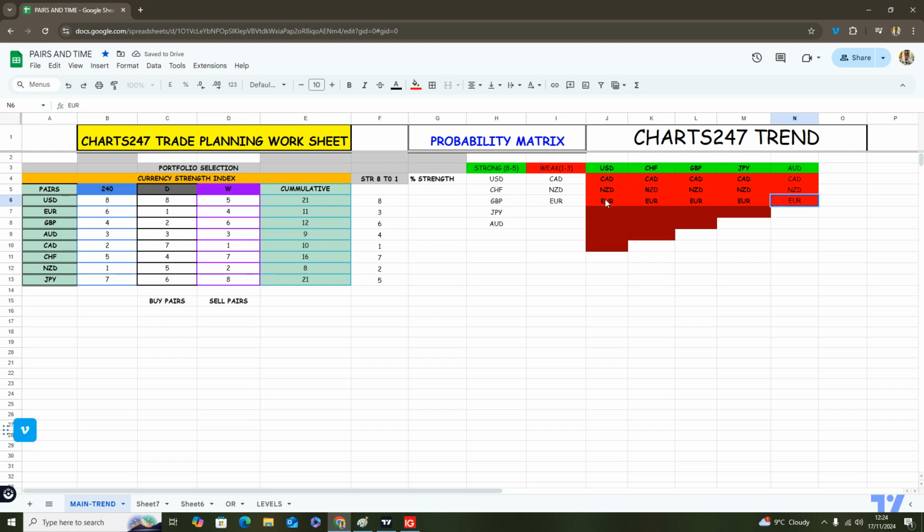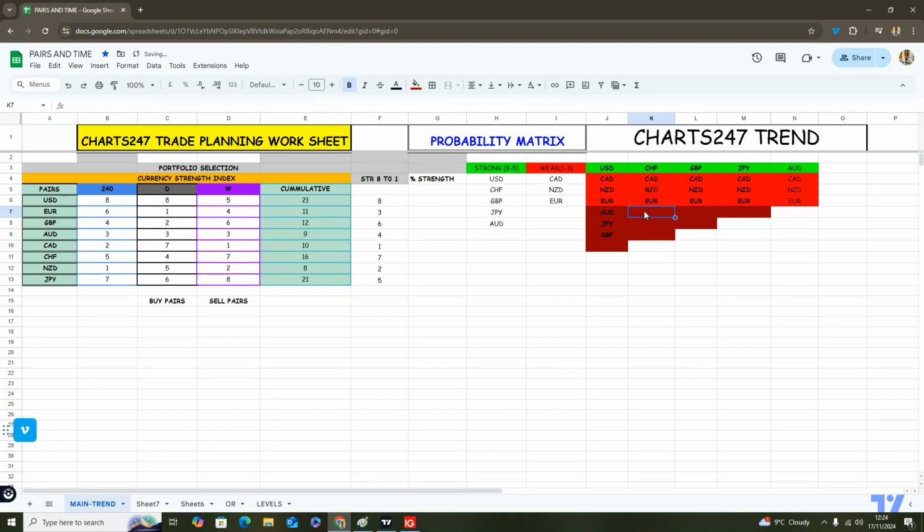But with the US dollar, we can actually sell some of this against the dollar. USD, CHF. That's AUD, JPY, GBP.